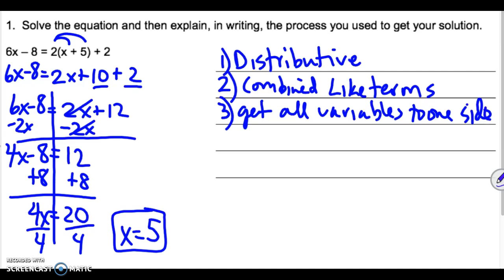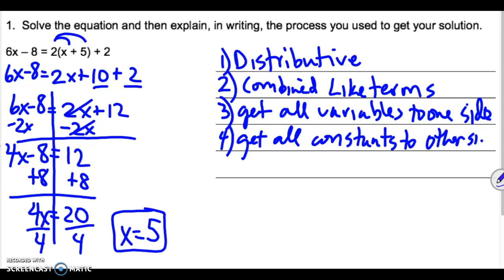And then we got all the constants to the other side. And then we finished by division. So we took 5 steps to solve it. Got our answer, and it's looking pretty good.